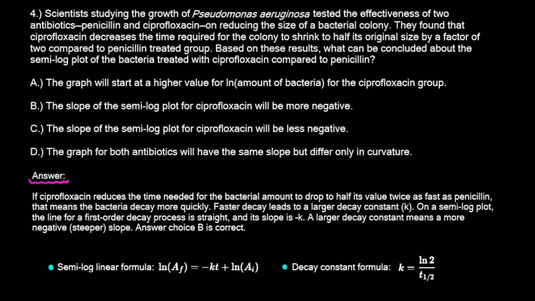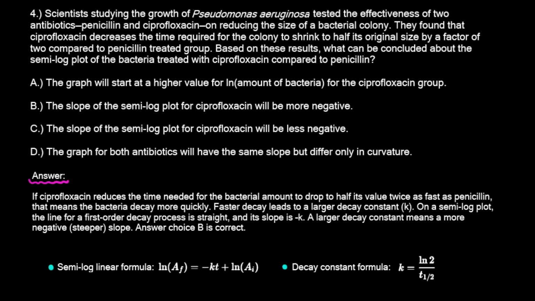So the question becomes, how does the change in the half-life affect the value of k? We can use the formula k = ln2 divided by half-life. This tells us that k is inversely proportional to the time it takes for the amount to be reduced to half. So it is inversely proportional to the half-life.